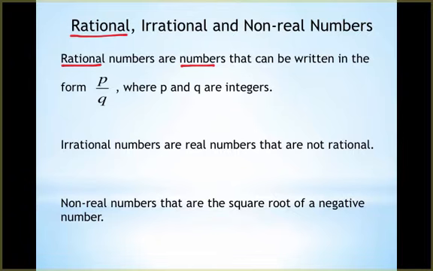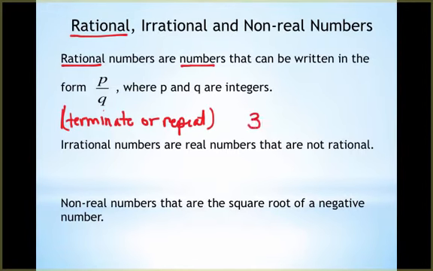Another way you can think of rational numbers is they either terminate or repeat. So 3 would be a rational number because it terminates. It's just 3. Or I could have 3.4242 and so on would also be a rational number because it repeats.